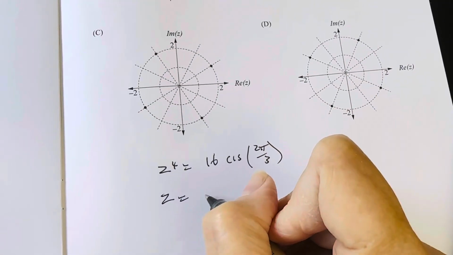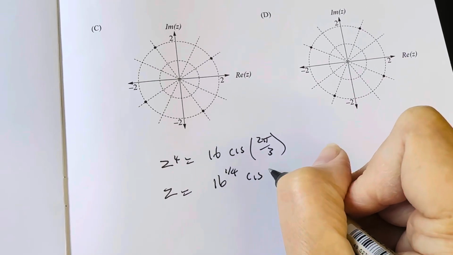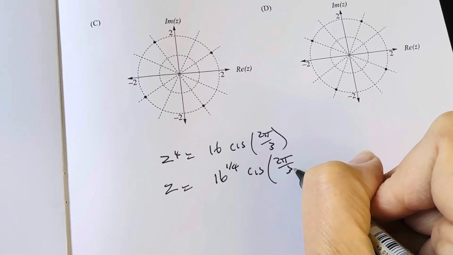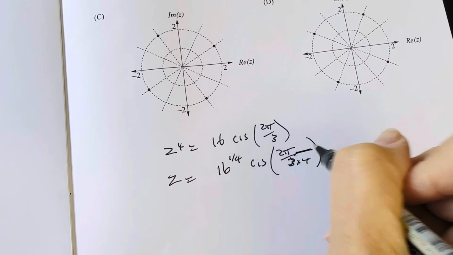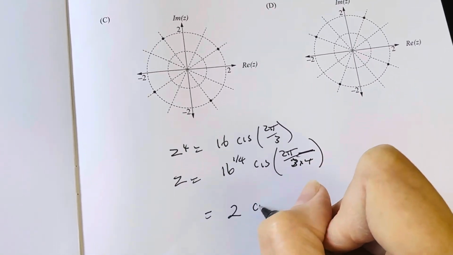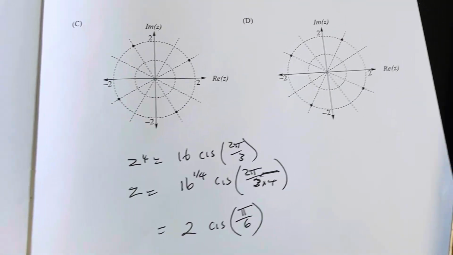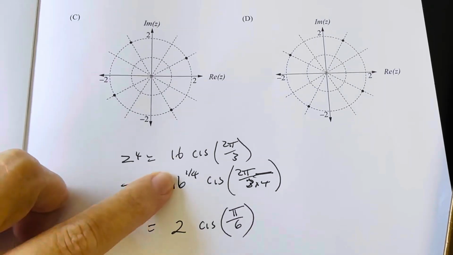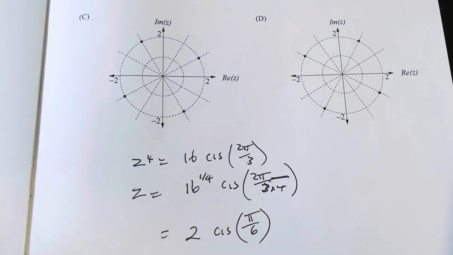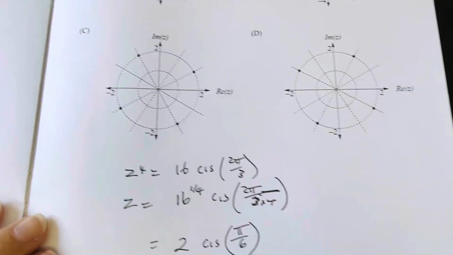So z equals going to be 16 to the quarter, cis 2 pi on 3 times a quarter, because it's divided by 4 as well. Gives me 2 cis pi on 6, doesn't it? Because that's 2 over 12, so it's a sixth. The 2 to the fourth is 16, so 16 to the quarter is 2.